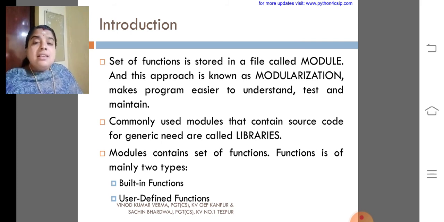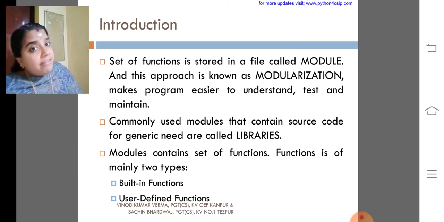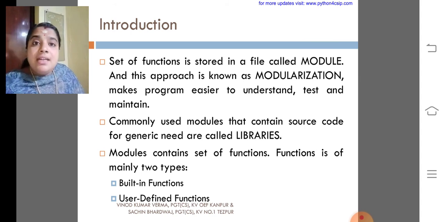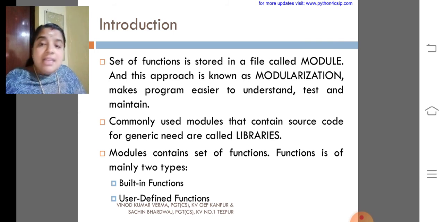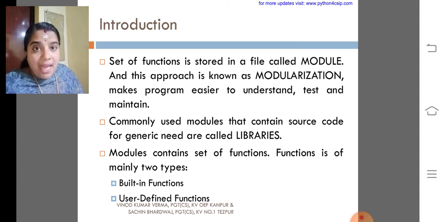Functions are mainly of 2 types, that are built-in functions and user-defined functions. By the name itself, it is very clear that built-in functions are already defined, that is predefined, executed, debugged, so that it is like a ready-to-eat food for sale.